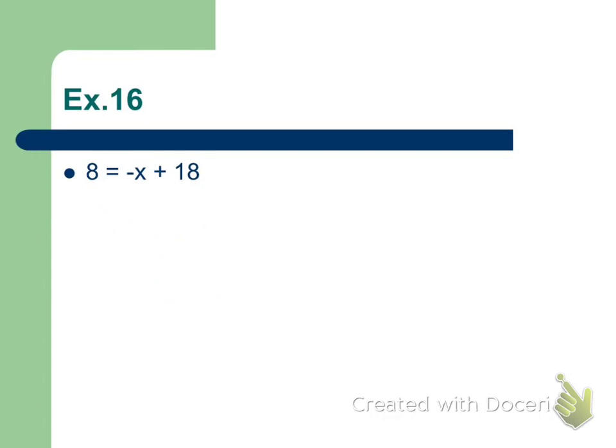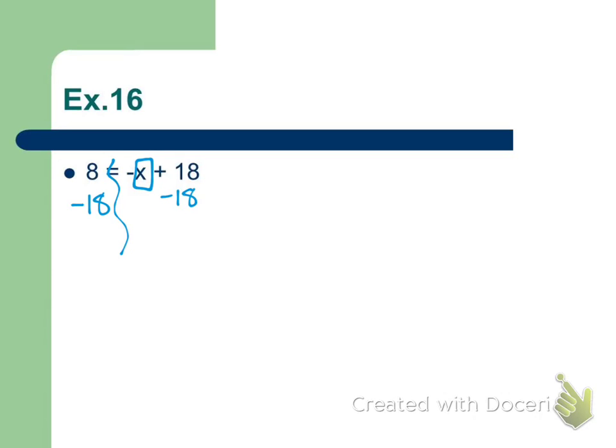Almost done. Lots and lots of examples today. Box in the variable, split up our equation. Adrian, what do you think we should do first? Subtract about 18. Very good. Subtract 18 on both sides.